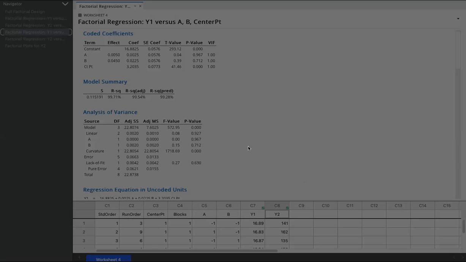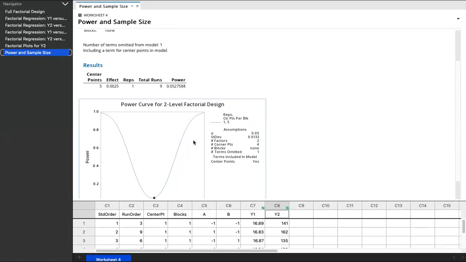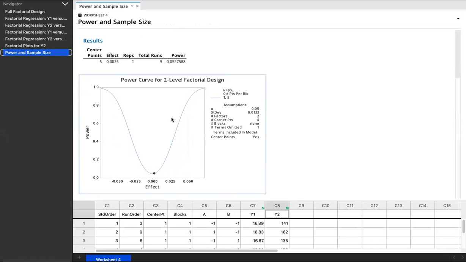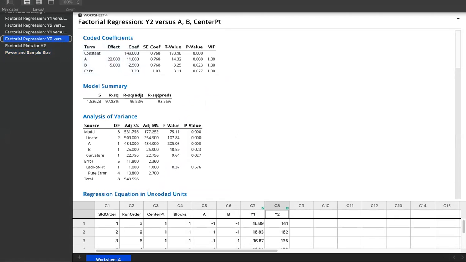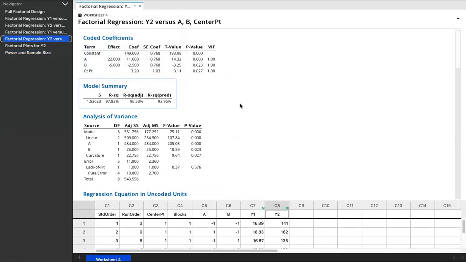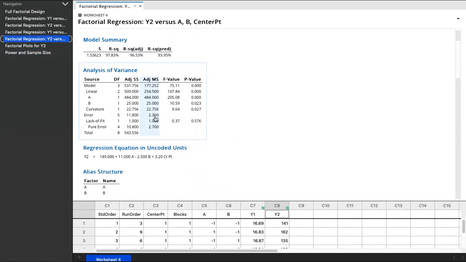Okay, let's do like this. And we can see our power is very, very low. Also, for the other one, we need to remember in this case, it is B on the effect, the least effect, and also 2.360.